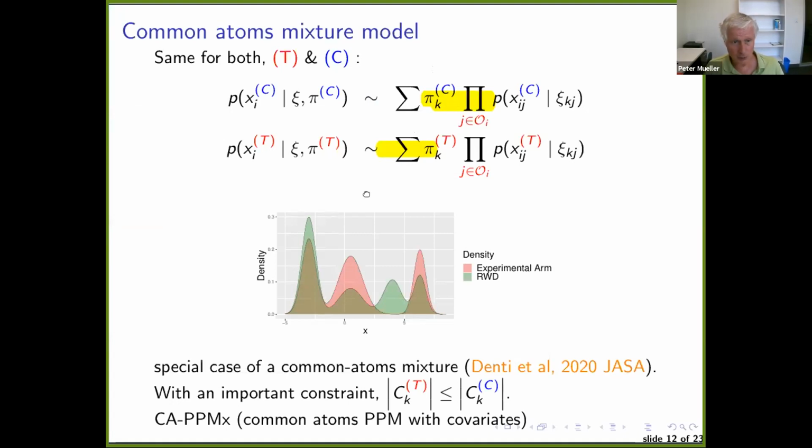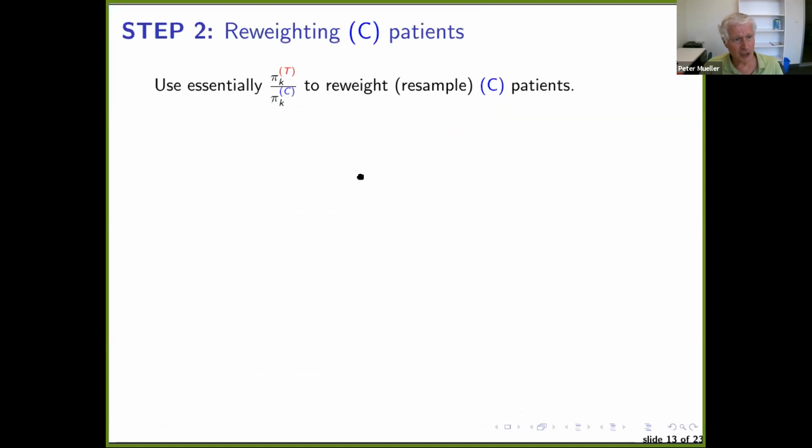But does it sound plausible that by reweighting the blue patients with some ratio of those weights pi, we should be able to achieve equivalent populations? That's the idea, and that's exactly what we'll discuss on the next slide. So we'll essentially use a red weight over blue weight to reweight the blue patients such that they look like the red patients.